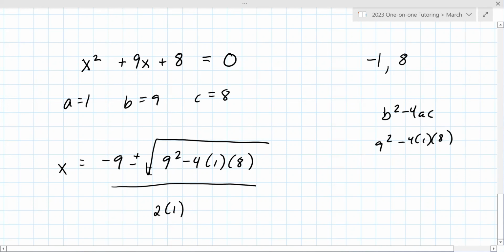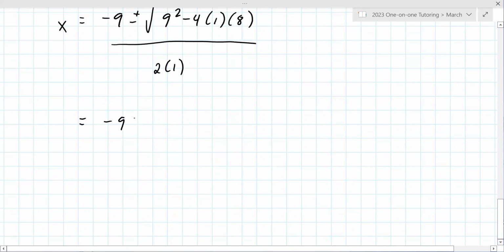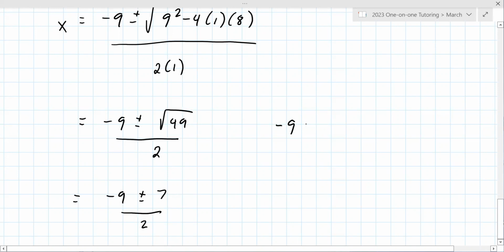I got 49. Okay, so the square root of 49, that's good. So it's -9 plus or minus 7 over 2. Does this look like what you have on your paper? Yeah. All right, so the two possibilities are -9 plus 7 divided by 2, and -9 minus 7 divided by 2.